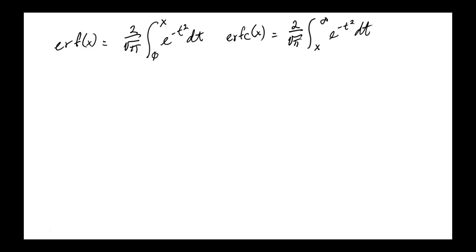Now, you can go to Appendix A and see this proven if you want to. They just say, from the known result, and here's what they're saying, the integral from 0 to infinity of e to the minus t squared dt is equal to the square root of pi over 2.